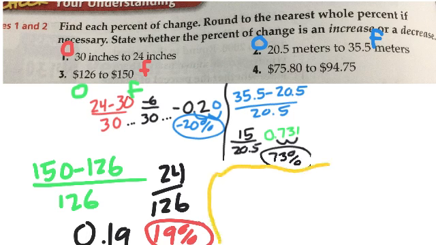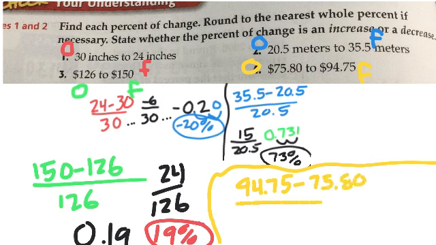And then on 4, 75.80 is the original, 94.75 is the final. So it's going to be final minus original divided by original.